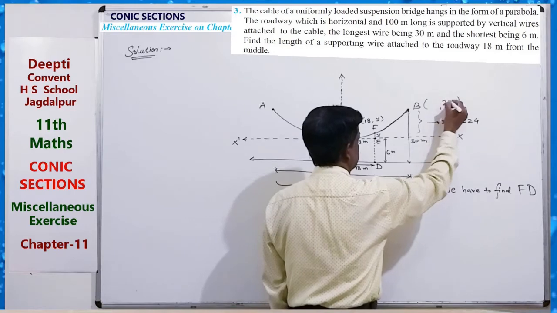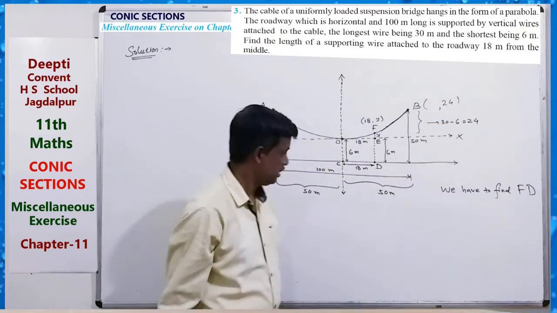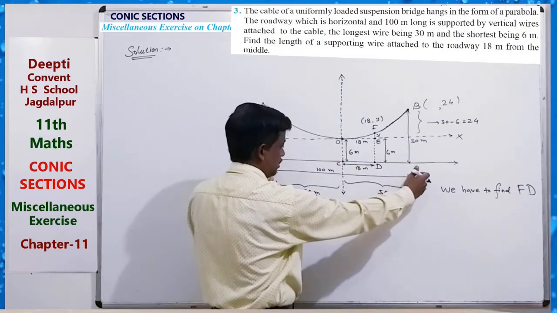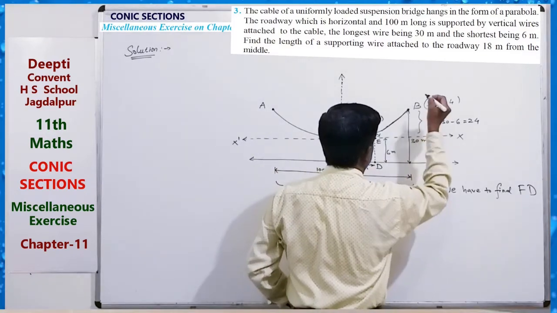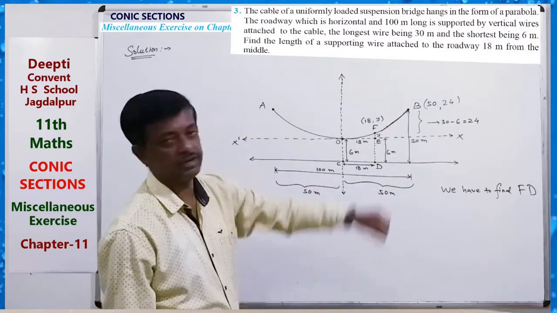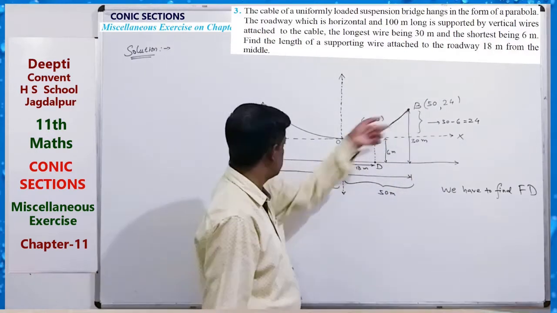So here 24, and this is 100, so this is 50. So B is (50, 24), and B lies on this parabola.